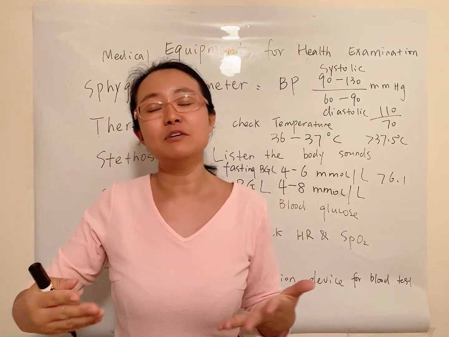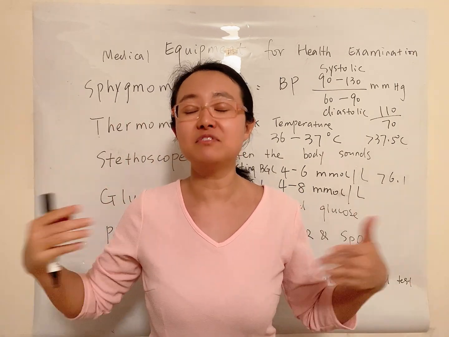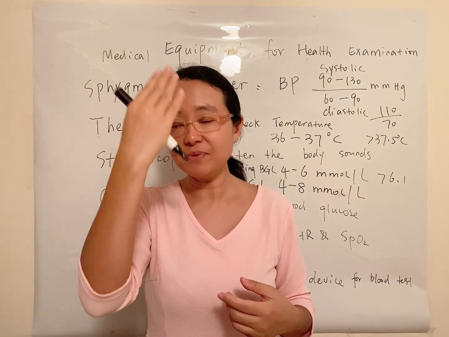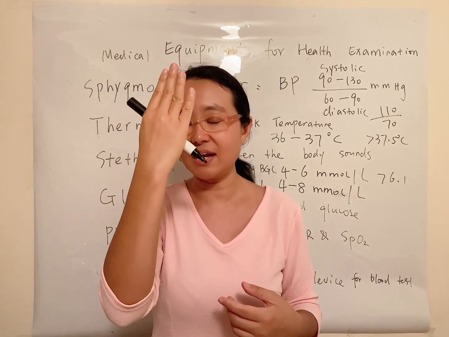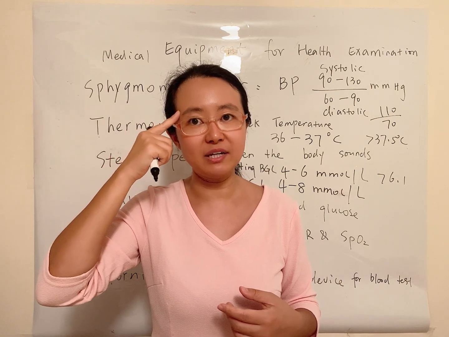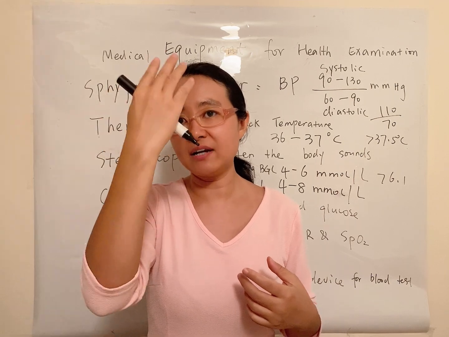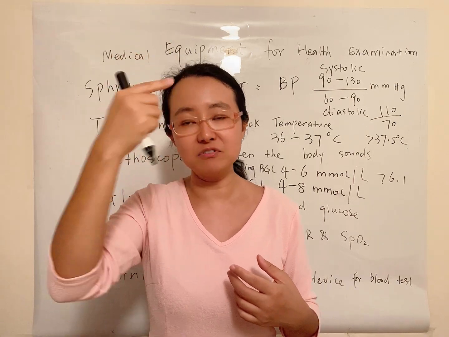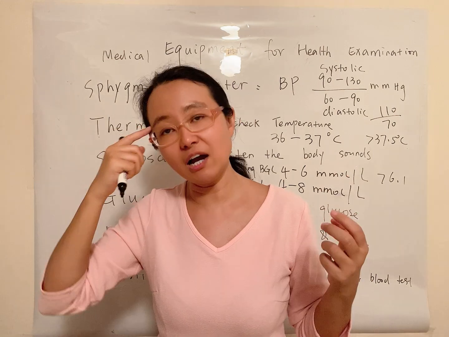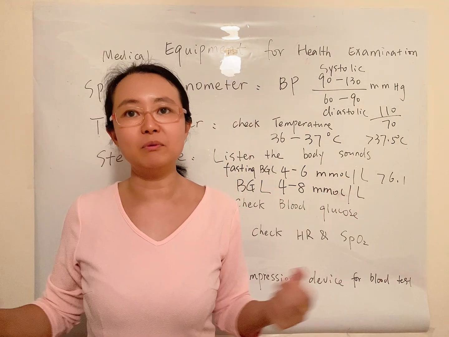All right. And then there's a type of thermometer you can use to check temperature in front of the forehead. And so there's an artery called temporal artery here. So we use the thermometer to check the temperature in front of the forehead because it's close to this temporal artery. All right. So this is called the temporal thermometer. All right.